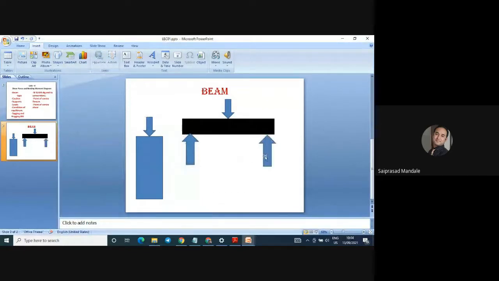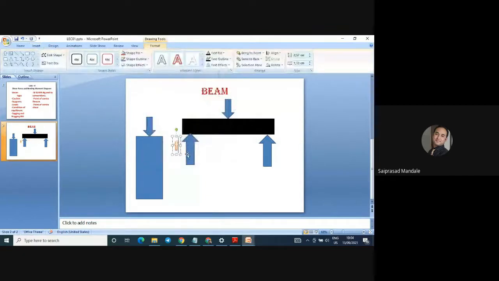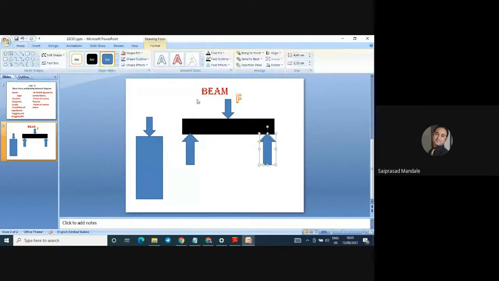As this is a horizontal structural member which is subjected to that loading, whatever the loading intensity is, let's say the loading intensity is F, and these two supports are there.